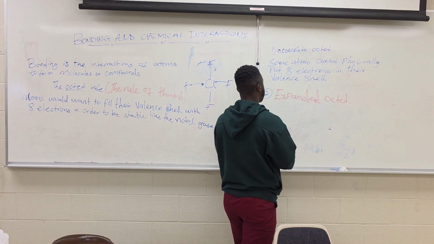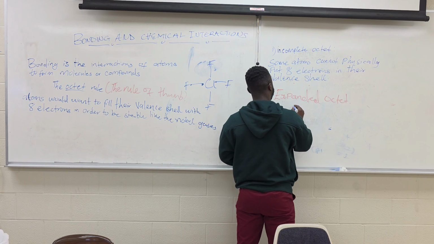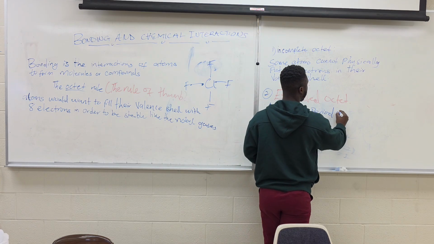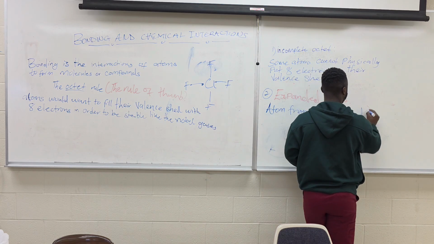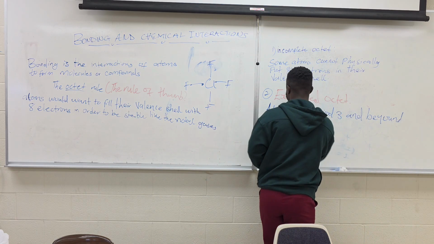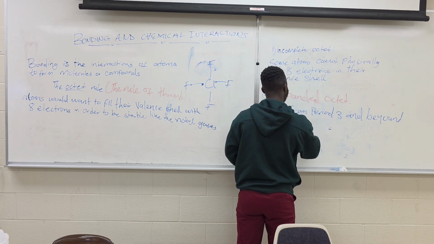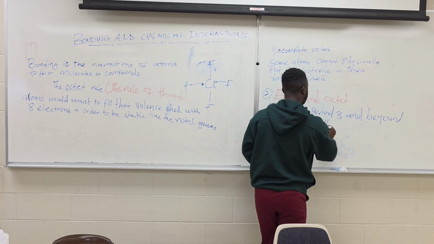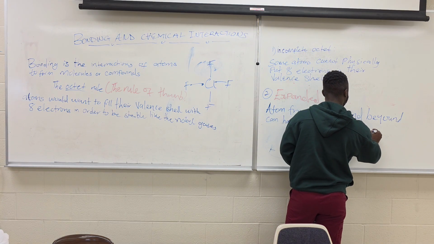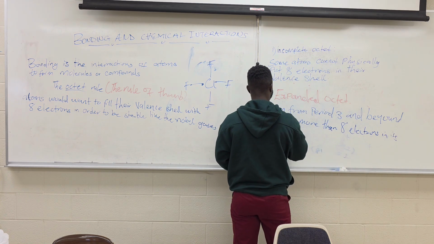So the expanded octet states that atoms from period 3 and beyond can have more than 8 electrons in their valence shell.